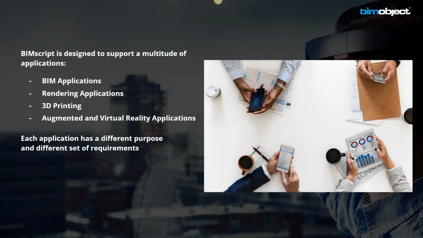Each application has a different purpose, and with each different purpose, there's a different set of requirements. So the person who's doing 3D printing might not have the same requirements as a person who's doing rendering applications or augmented reality. For instance, a rendering application does not care if your model is watertight, but 3D printing does.